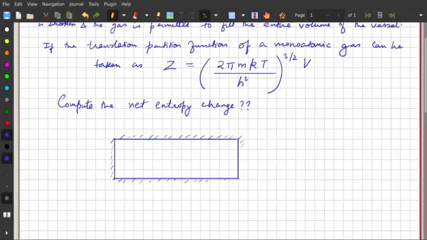So it's an isolated system. Okay, and there is a partition in between. And one side contains a monoatomic gas, so this is filled with atomic gas. And this is vacuum.